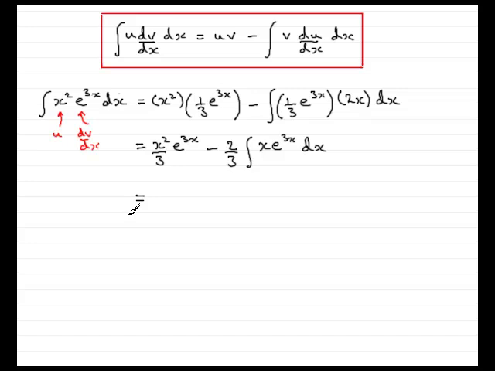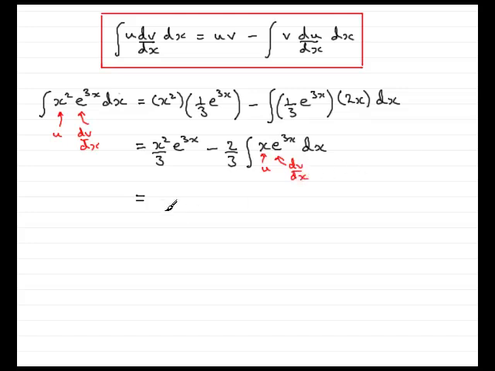Right, now when it comes to integrating x e to the 3x, you'll notice that again I've got a product of two functions that I cannot expand. So I'm going to need to use integration by parts again. So I'm going to call the x my u, and my e to the 3x, that will be dv by dx.